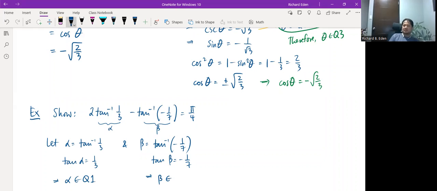Negative. So it must be in the second or fourth. But still, the consequence of the cosine, so it must be in the second. So it must be in the second quadrant. So sorry, which quadrant? Second quadrant po.